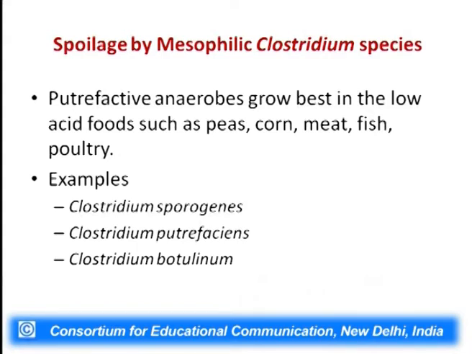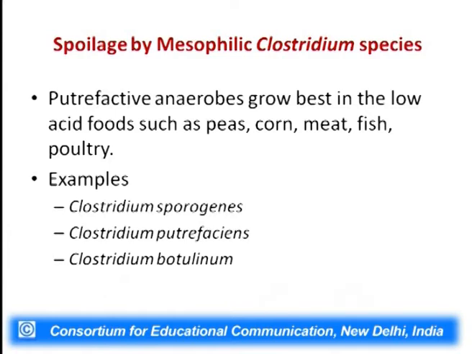These putrefactive anaerobes grow best in the low acid foods such as peas, corn, meat, fish and poultry. Examples of putrefactive bacteria include Clostridium sporogenes, Clostridium putrefaciens and Clostridium botulinum.